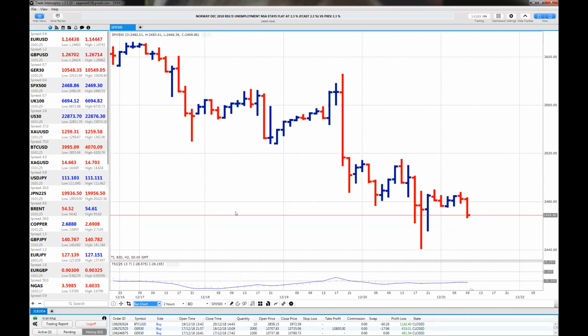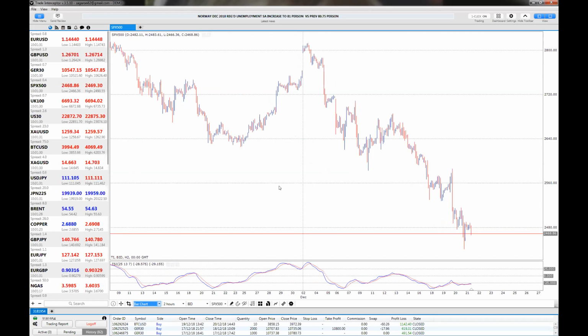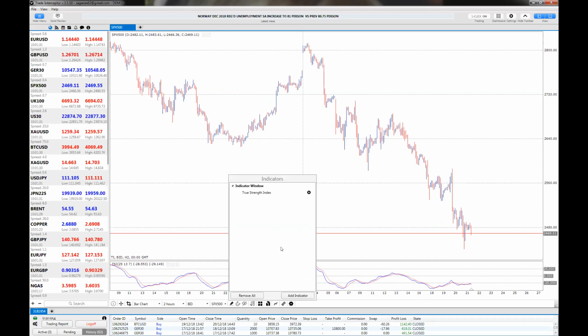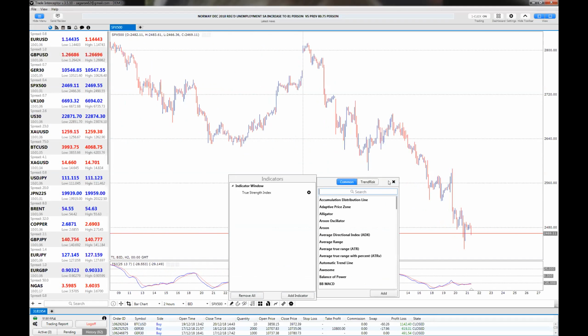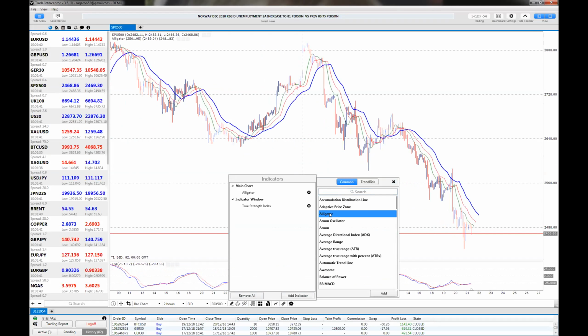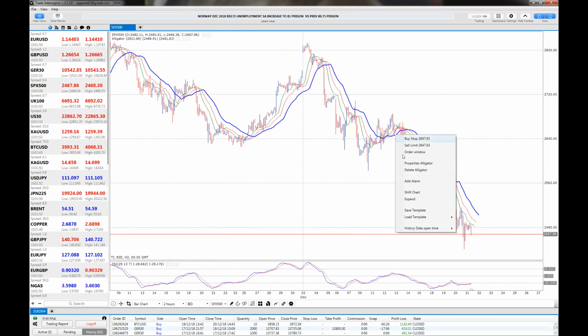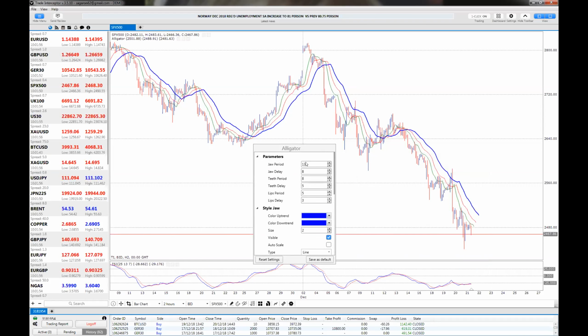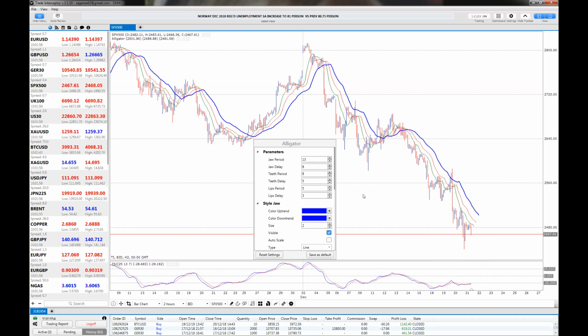Here, common bar chart, you know how this looks. So we go simply to the indicator menu, and we add indicator, and this indicator is called Alligator. Alligator is nothing else than moving averages, different moving averages. We can see here the properties of these moving averages, so the inputs, the lengths, and so on.